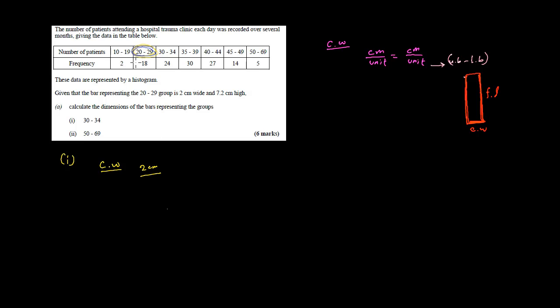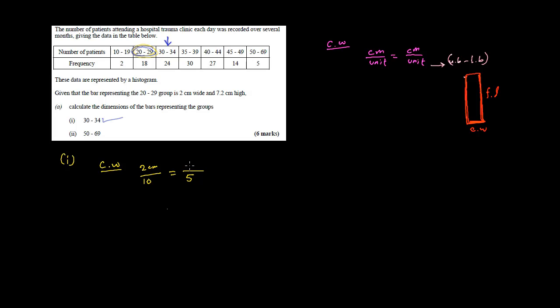Now the unit of the class width is upper boundary minus lower boundary. Remember there is a gap here, 29 to 30 there is a gap, so it is going to be 29.5 minus 19.5. In a shortcut we can do 29 minus 20, which is 9 plus 1, 10. So the class width is 10 unit, equal to what was given. Now we want to find this one out. This one has a class width of, since there is a gap here, 34.5 minus 29.5, that would be 34 minus 30 is 4 plus 1, 5, so this would be 5 unit.